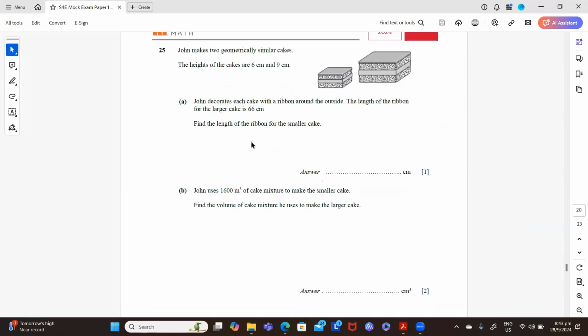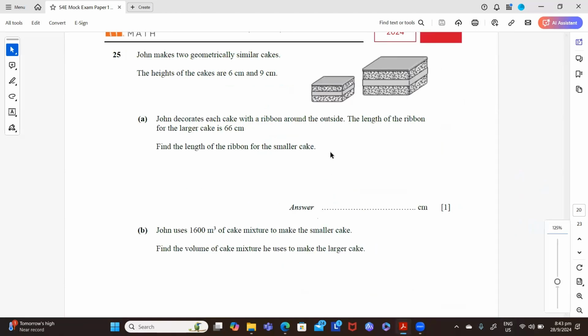Okay, question 25. John decorates each cake with a ribbon around the outside. The length of the ribbon for the larger cake is 66 cm. Find the length of the ribbon for the smaller cake. This is based on the similar objects concept.